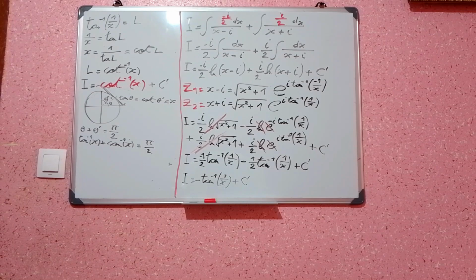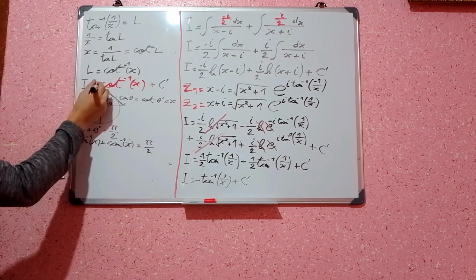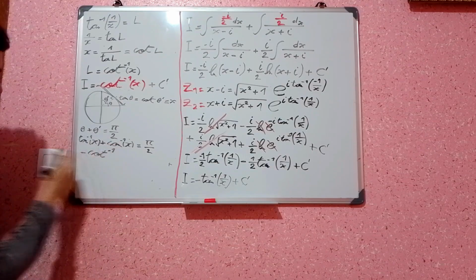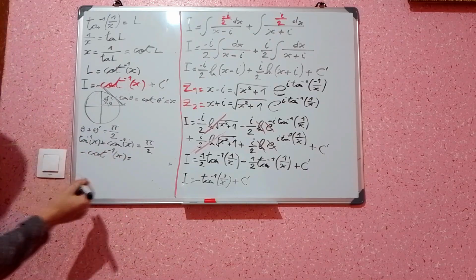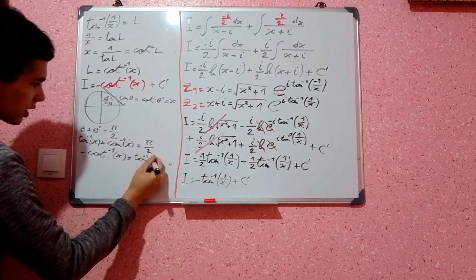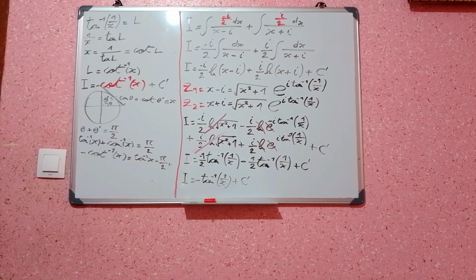This is very nice. We can put this here, so we get minus inverse cotangent of x will equal inverse tangent of x minus pi over 2. Yeah.